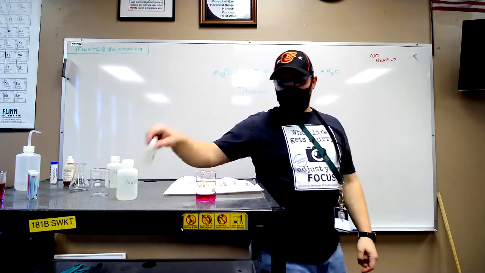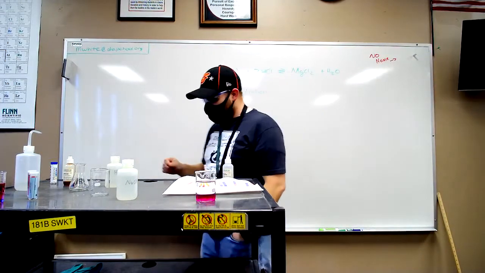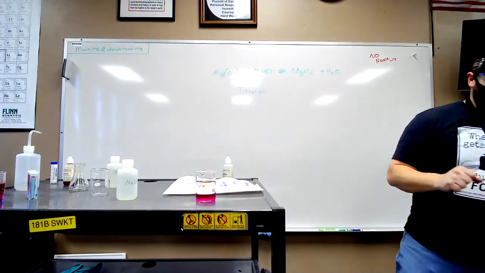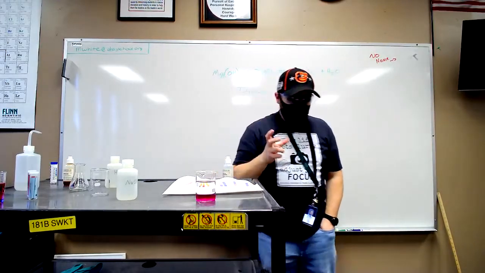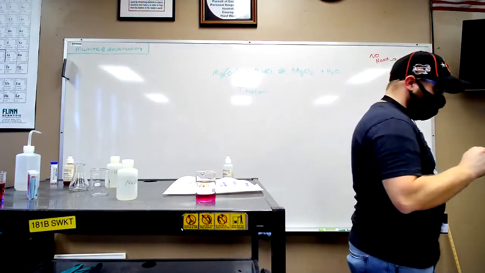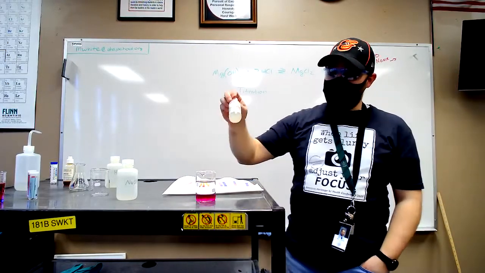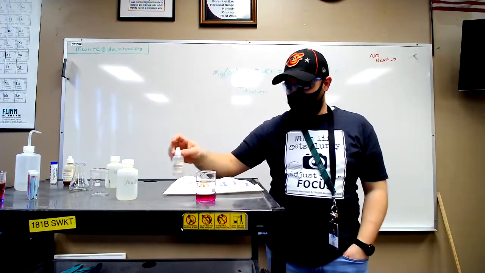That may stay purple and may not, depending on how it goes as it comes to equilibrium. But this is what we're going to use, because with our titration, we're going to be doing hydrochloric acid and sodium hydroxide. And the equivalence point for that is really close to where this changes from clear to pink.